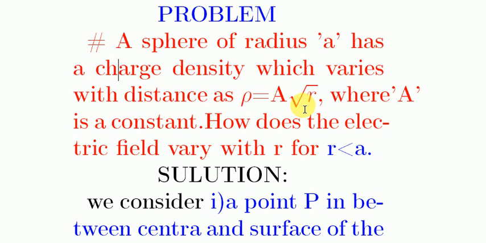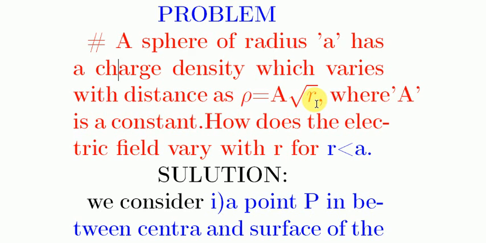Here capital A is a constant and small a is the radius of the solid sphere.